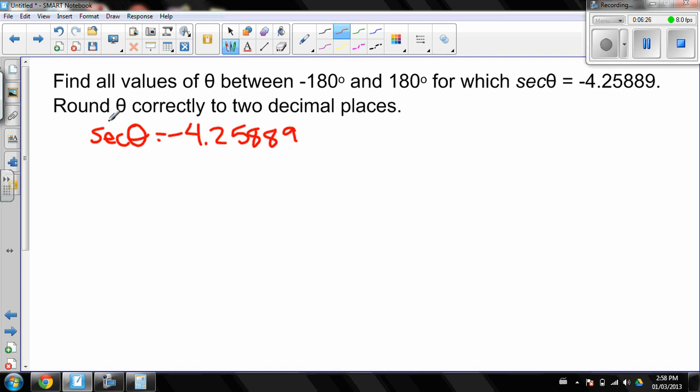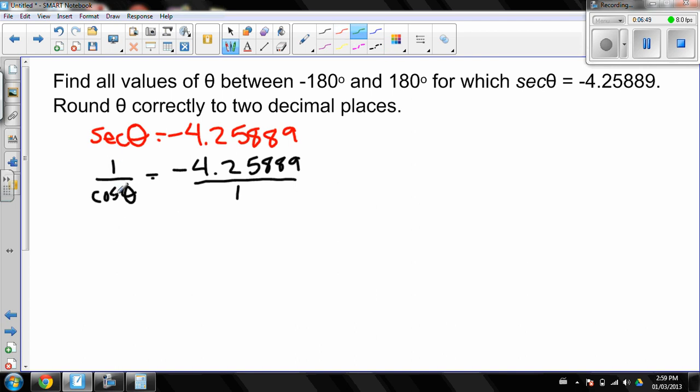4.25889. Well, secant, you will recall, is the inverse function of cosine. So I could actually rewrite this as 1 over cosine theta equals negative 4.25889. And just to be thorough, we're going to write that over 1, because then I have a fraction on each side.